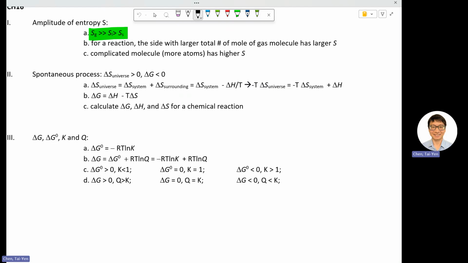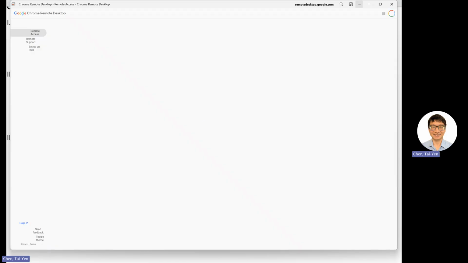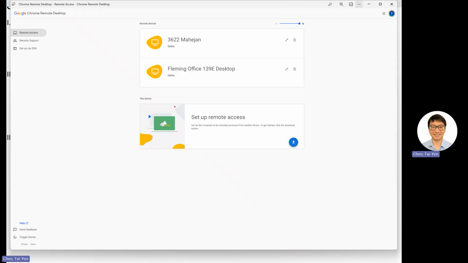We create this terminology for system: in the eye of scientists, if we have a specific target, we call it our system, and anything else will be surroundings. And the system plus your surroundings, we call it the universe. So that's just the terminology that you have to know. This is important because when we look at our chemical reactions, how do I know it is going to happen spontaneously or not?